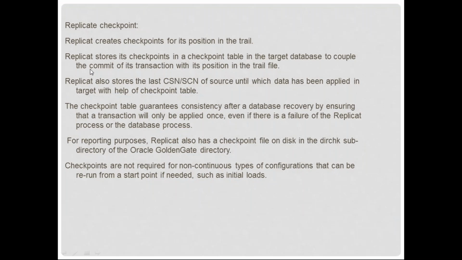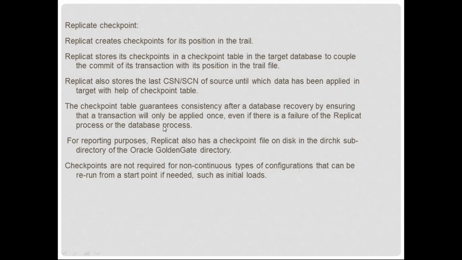So as you can see here, I explained the third line. Now the fourth one: the replicate also stores the CSN or SCN of the source until which the data has been applied in the target with the help of the checkpoint tables. As we can see here, the checkpoint table guarantees consistency after the database recovers by ensuring that a transaction will be applied only once, even if there is a failure of the replicate process or the database.